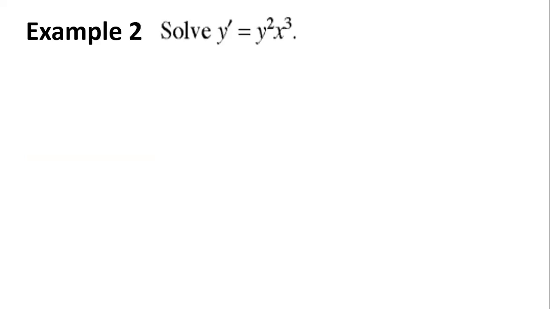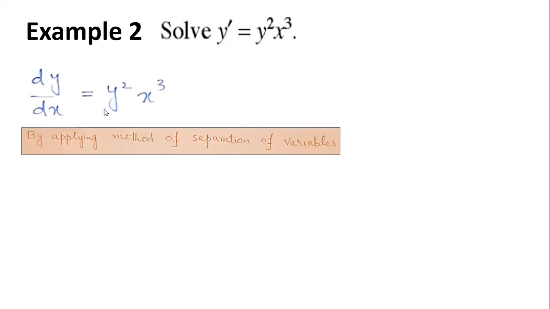In the next example, we are going to solve another problem, that is y prime is equal to y squared into x cubed. Here again, we will apply the method of separation of variables. In the first step, we can write this y prime as dy over dx, equal to y squared x cubed.